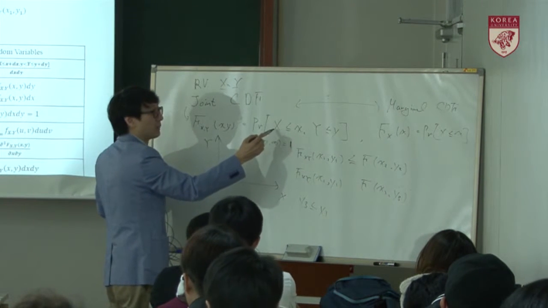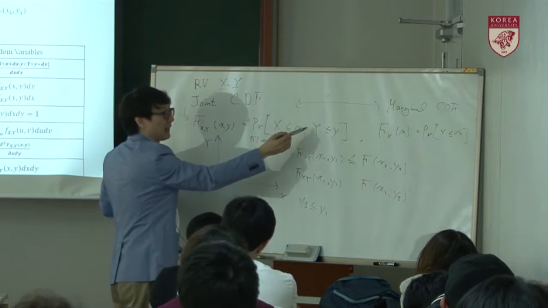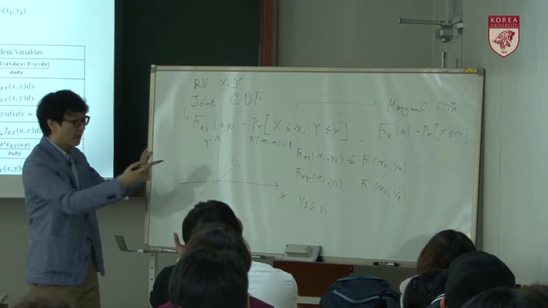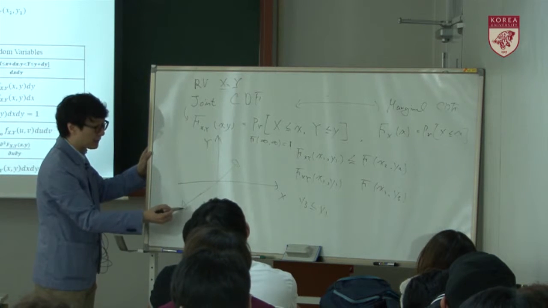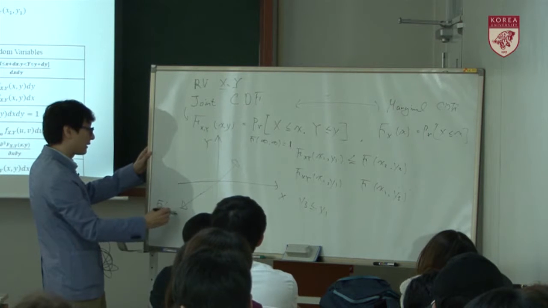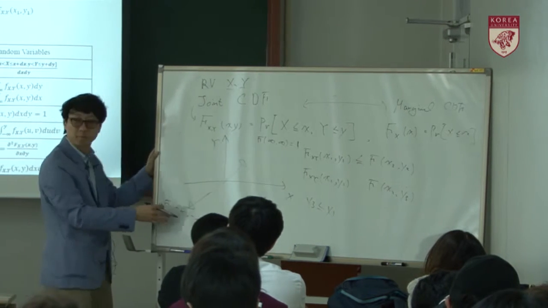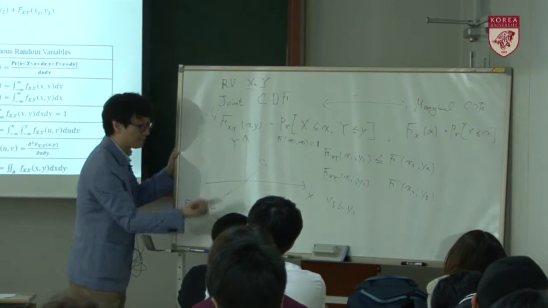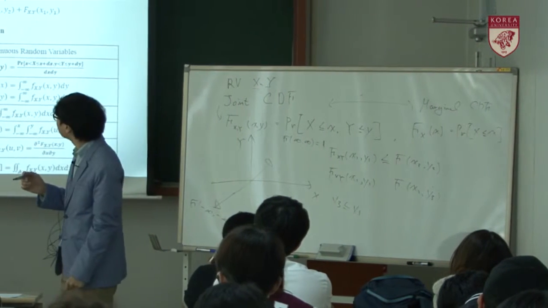Because the probability that X is less than infinite and Y is less than infinite is always true, so it's 1. How about if we go to infinity in the other direction? That means F of minus infinity and minus infinity, it's going to be 0 definitely. That's very obvious.